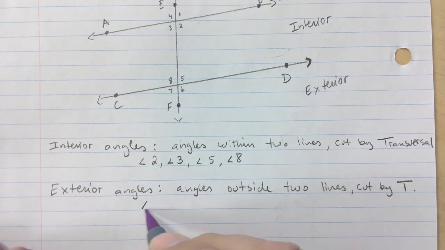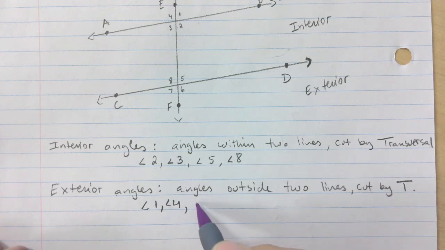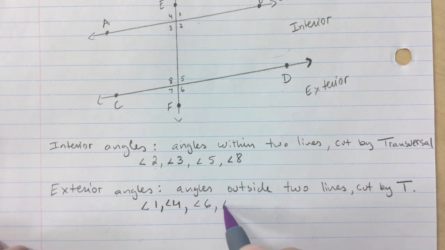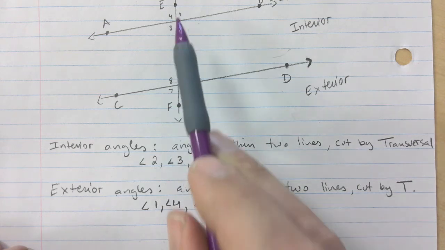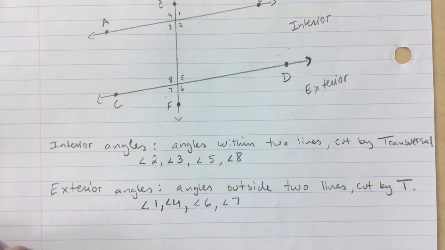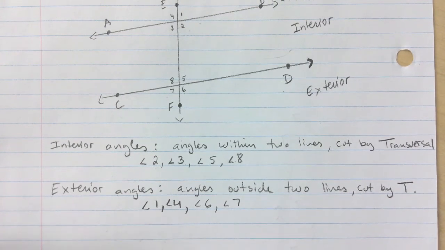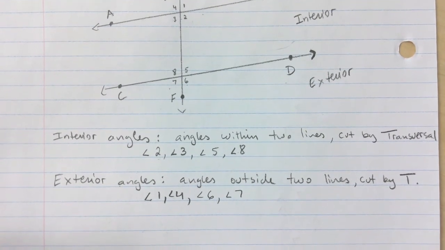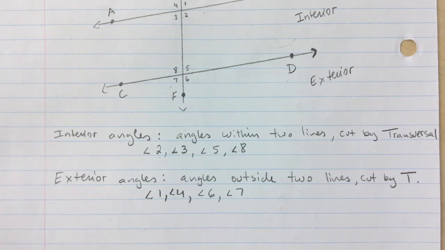So in that case, that would be angles 1 and 4, angles 6 and 7. So 1, 4, 6, 7, they're exterior angles. So we call them exterior. So if I ask you, you have to know that.